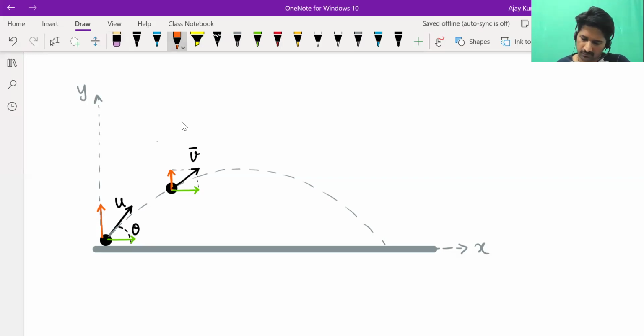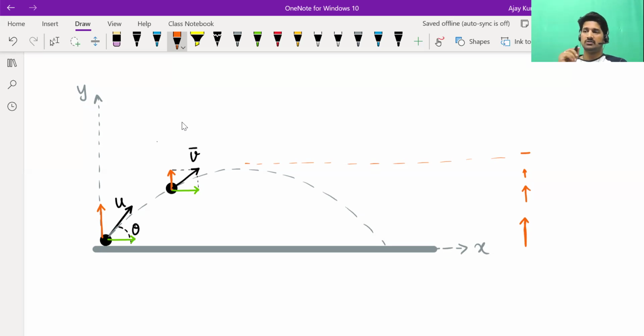Effectively what happens to the y component is like this. Initially, there's a significant y component, slowly decreases further, and becomes 0. Where does it become 0? At maximum height, the y component becomes 0. That is why we call it the maximum height. Because if y component of velocity was still there, it would have moved in that direction.